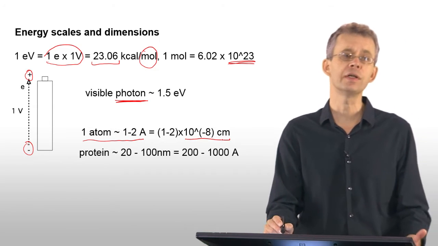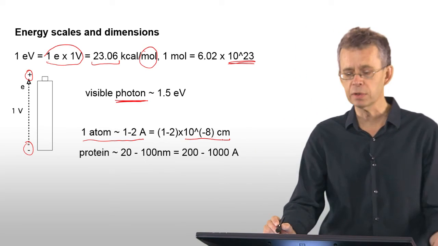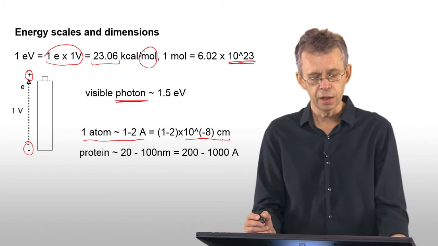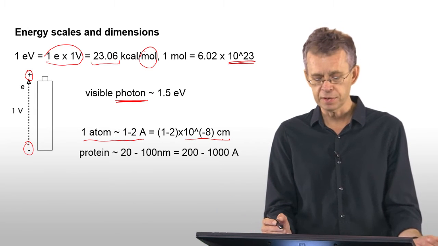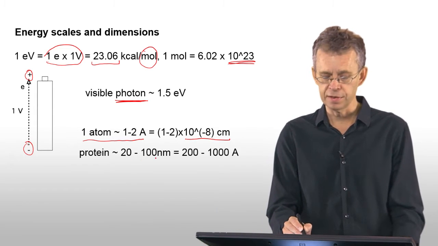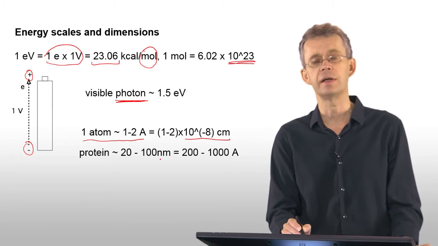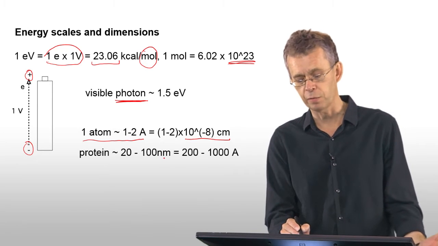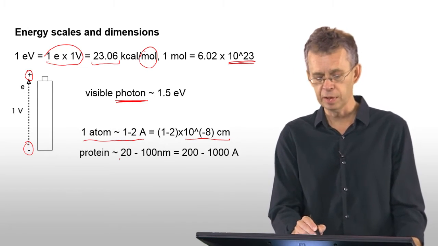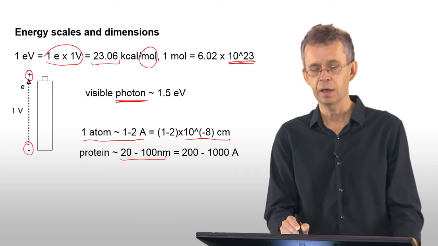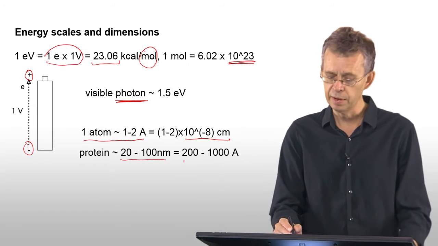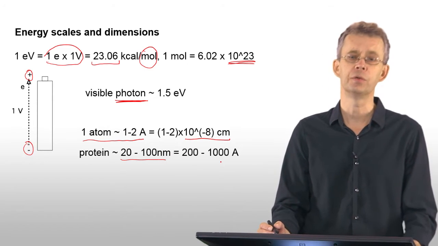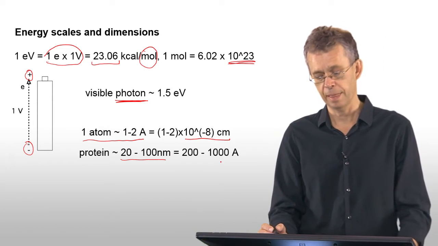Biology uses proteins and protein complexes to produce energy, and those are of course bigger molecules made of atoms, and the typical size is already in nanometers. A nanometer is 10 to the negative 9 of a meter. The typical protein complex will be between 20 and 100 nanometers, which would be about 200 to 1000 angstroms.